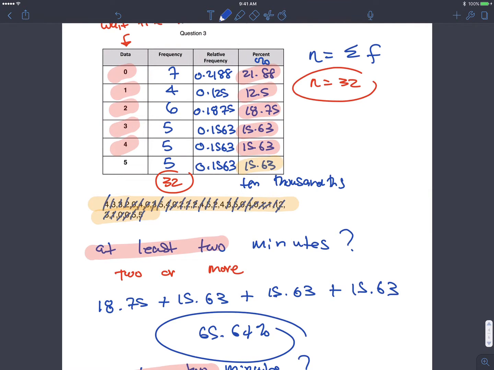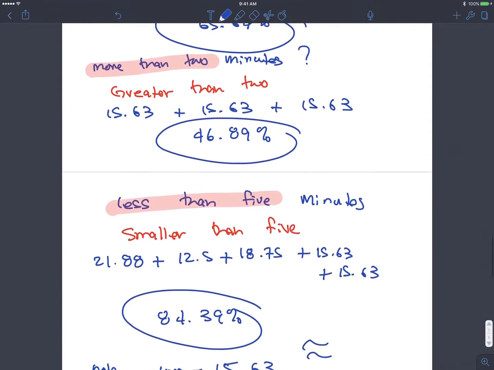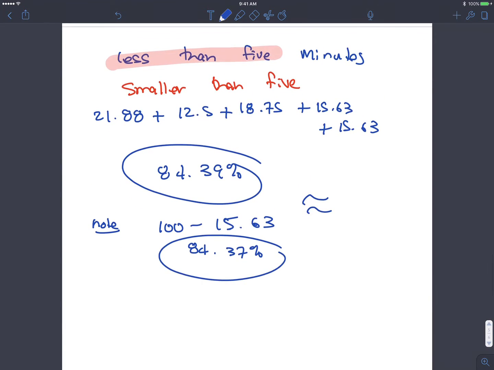Taking 100 minus 15.63%, which really means taking the complement, you'll see that later, we get approximately the same answer, and you could have approached it either way. There's a lot more to the story behind approximations, but that would have been perfectly fine too.